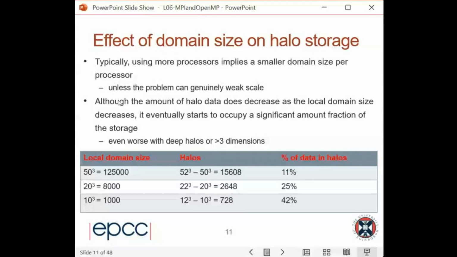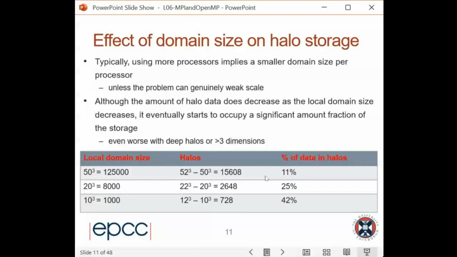So for example, if you have a 50 cubed domain, and this is even worse with deep halos or greater than 3 dimensions, but I'm taking a 3-dimensional problem here where the halos are only of depth 1. If you have next to nearest neighbor interactions, your halos might be of depth 2, but here we're just thinking about nearest neighbor interactions. Then your actual array is 52 cubed. So the halo is about 11%. For a 20 cube data set, the halo is 25%. For a 10 cube data set, the halo is getting up to being about half your data.